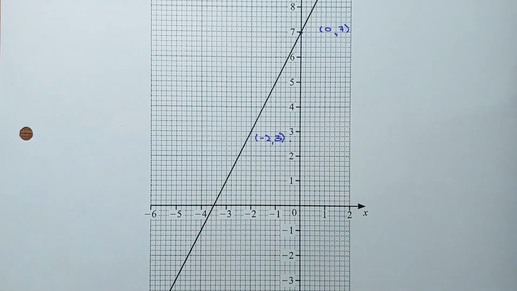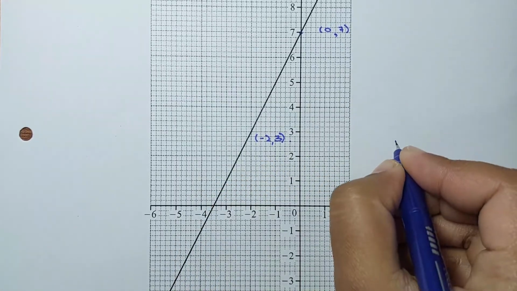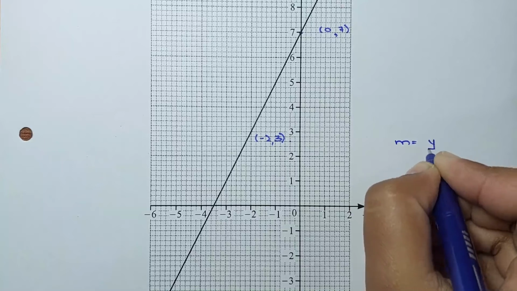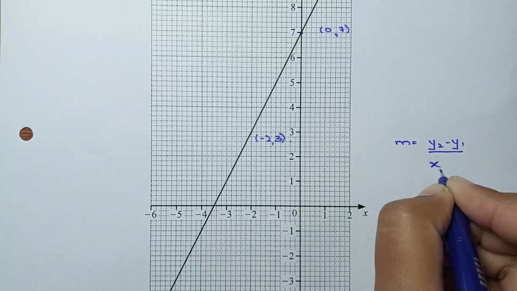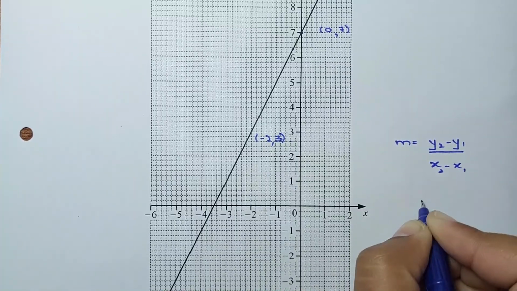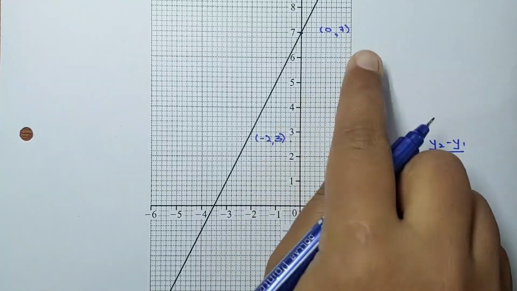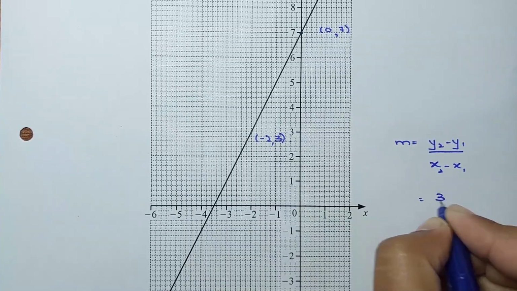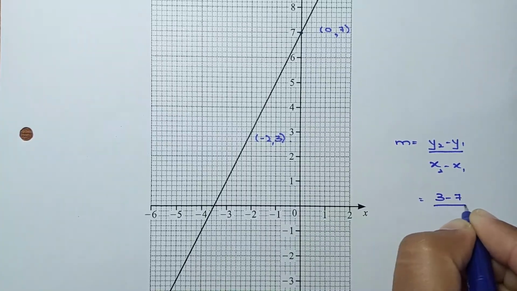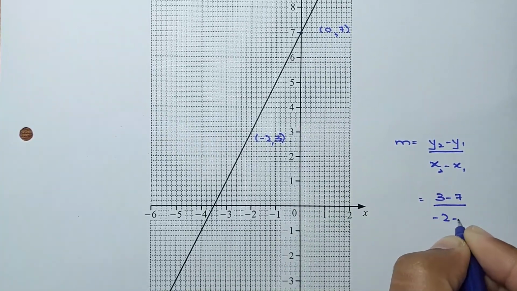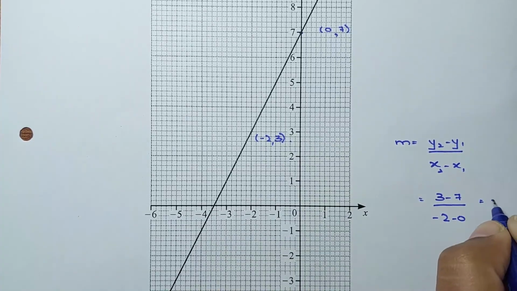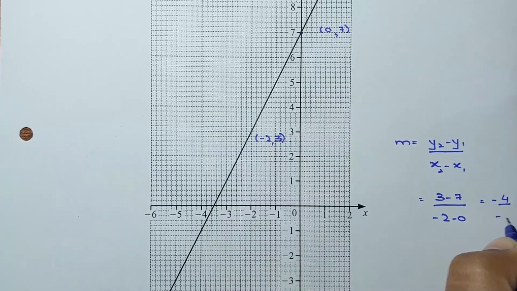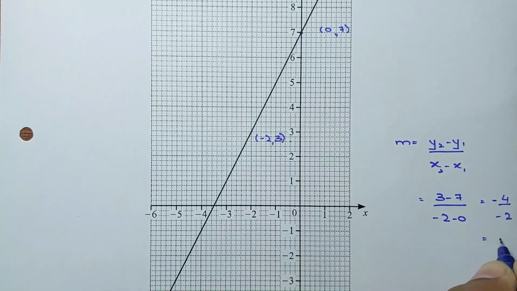Right. Let me work on the slope, which is y2 minus y1 over x2 minus x1. y2 minus y1 is 3 minus 7 over -2 minus 0. 3 take away 7 is -4, -4 over -2, which would be 2.